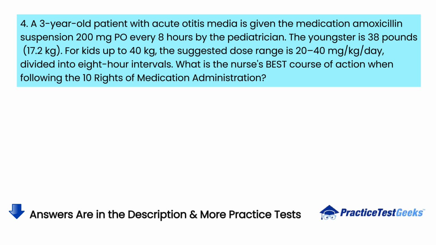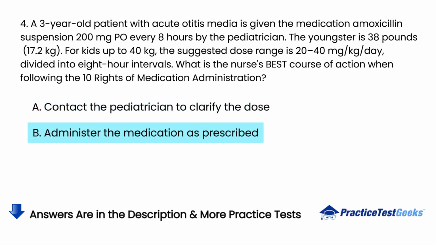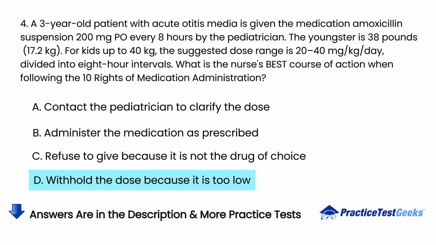What is the nurse's best course of action when following the 10 rights of medication administration? A. Contact the pediatrician to clarify the dose. B. Administer the medication as prescribed. C. Refuse to give because it is not the drug of choice. D. Withhold the dose because it is too low.